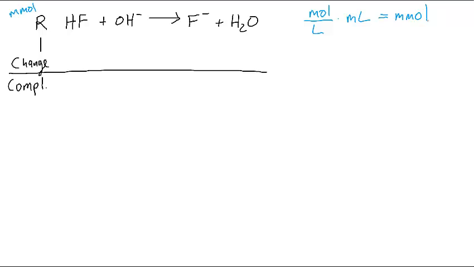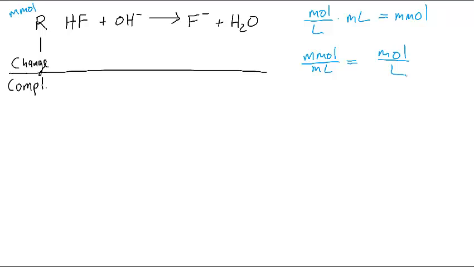So this will allow me not to convert all my volumes into liters. Just use them in milliliters. And so then, in the end, when I want to convert back to concentration, I can also use the relationship that millimoles divided by milliliters equals moles per liter, right? So it's just going to save me some steps. It's going to save me from writing really small decimals.